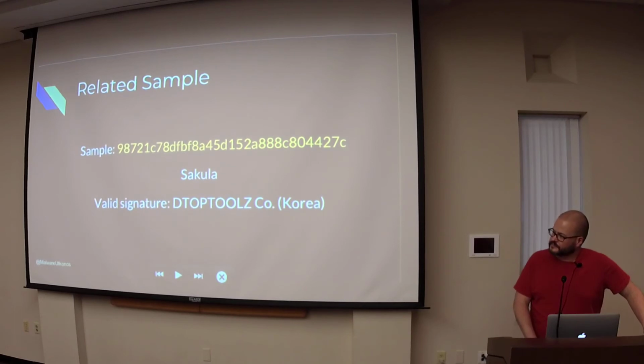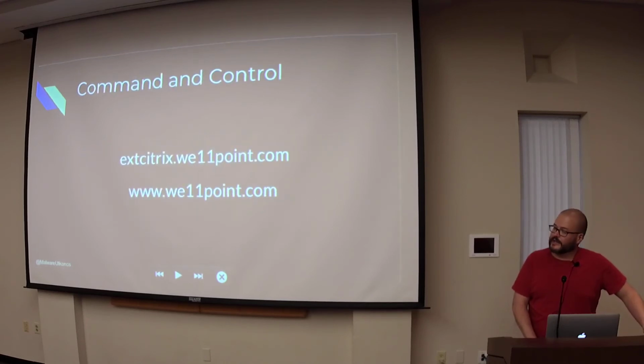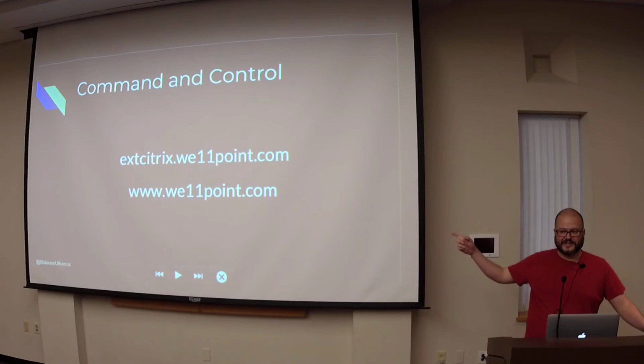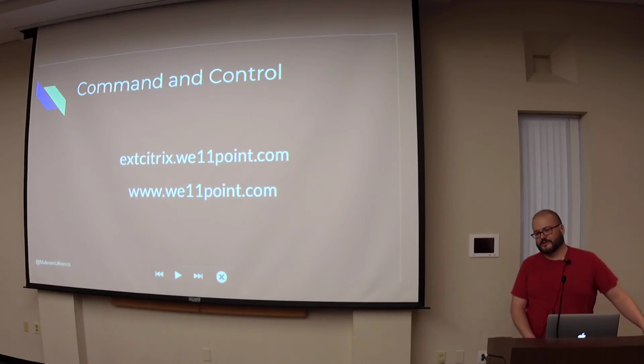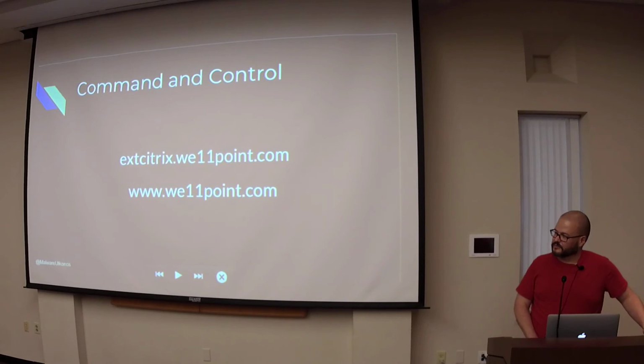One of the reasons why this is important is it tied a number of samples that were unknown to a fairly famous breach that you might be familiar with: the Anthem Wellpoint breach. This is definitely not Wellpoint's hostname, WE11 point, but it is one of the samples that was related to that particular breach.